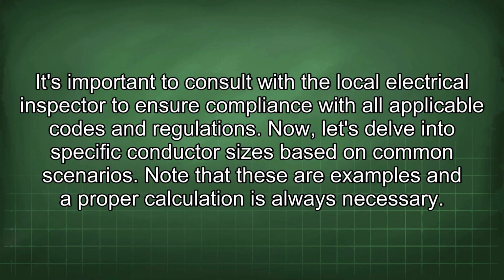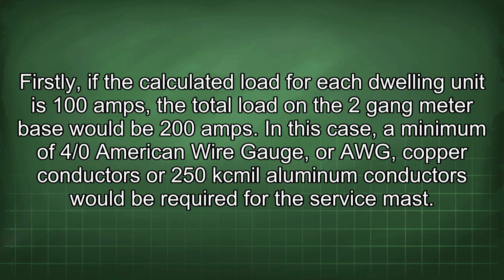Now let's delve into specific conductor sizes based on common scenarios. Note that these are examples and a proper calculation is always necessary. Firstly, if the calculated load for each dwelling unit is 100 amps, the total load on the 2-gang meter base would be 200 amps. In this case, a minimum of 4/0 American Wire Gauge, or AWG, copper conductors or 250 kcmil aluminum conductors would be required for the service mast.